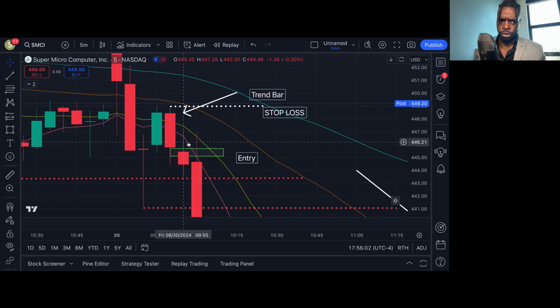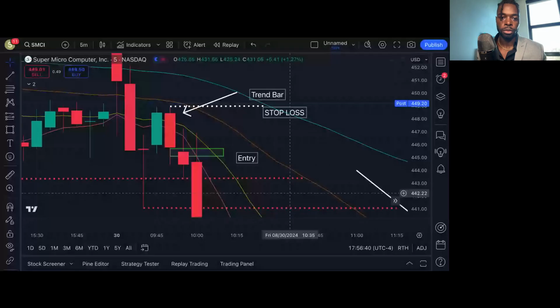When you set stops, you need to be setting stops in areas that show you that the trade is going to be going in the other direction. What do I mean by that? If we sold all the way down with that big red bar, that means there's a lot of selling pressure. If there's a lot of buying pressure, then it's going to overtake all of that selling pressure that just happened.